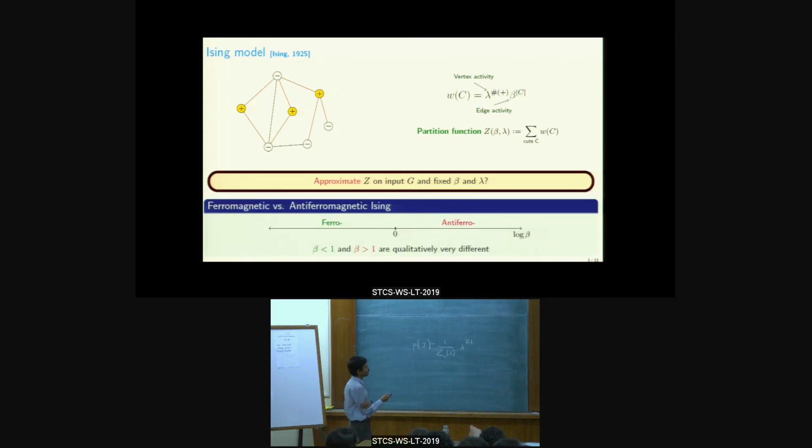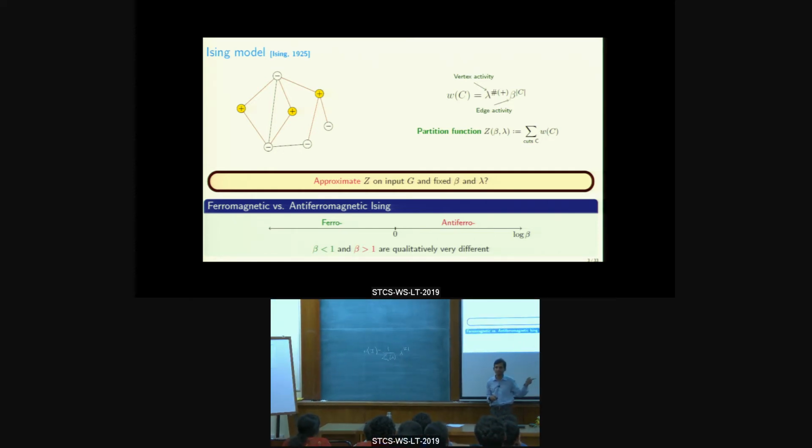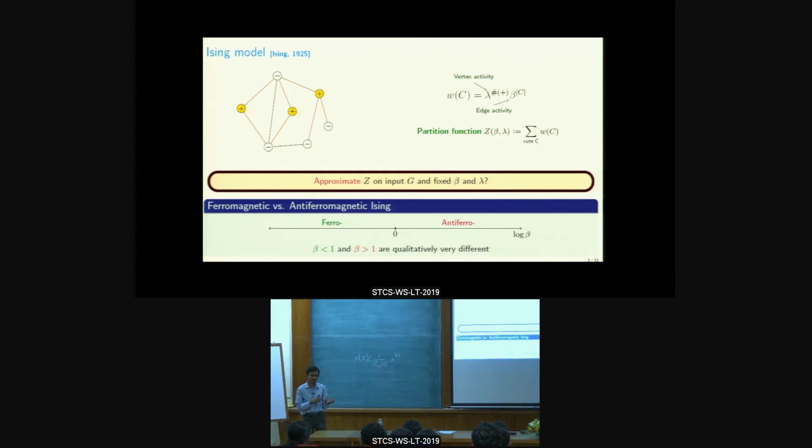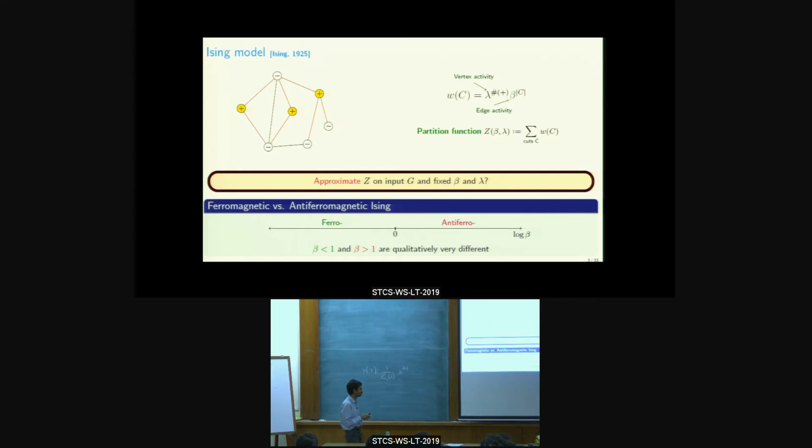One thing about the Ising model that will come up later in the talk is that there's a big qualitative difference that happens in the value of beta. So this is log beta. If you have beta bigger than 1, then you favor disagreement, and if beta is less than 1, then you favor agreement. These two regimes of the model behave very differently in a qualitative sense, and we'll see some of these differences.